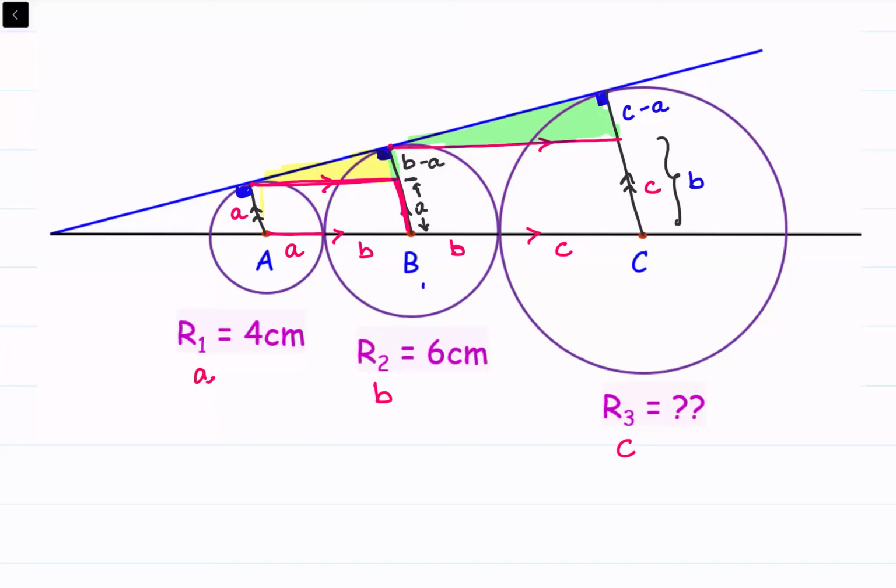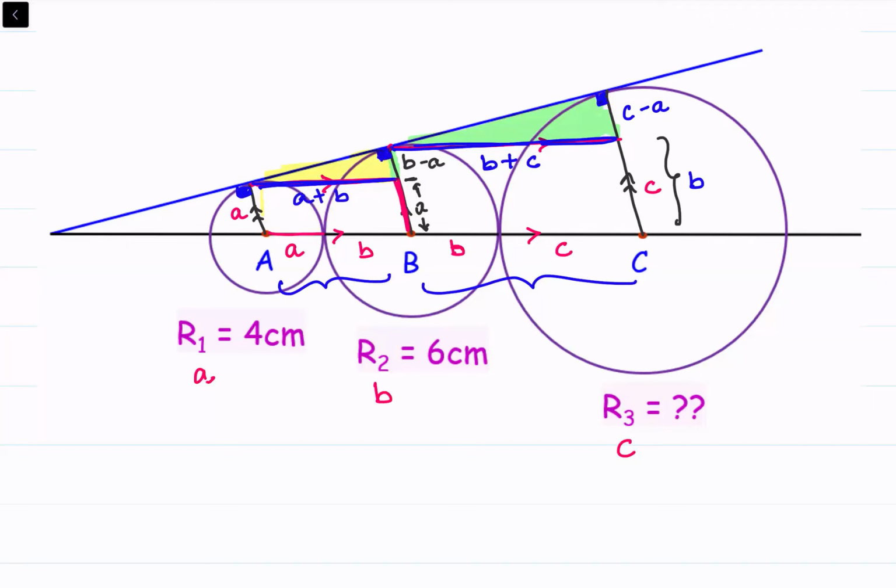Also, we see this BC is nothing but B plus C. So here this line segment is B plus C, and here this line segment will be the same as A plus B. Now these two triangles we were talking about have one angle as 90 degrees.